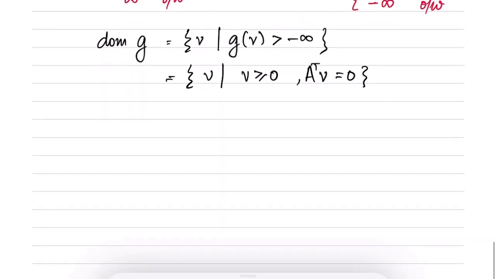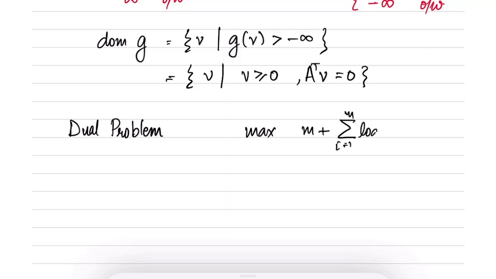So now let us put together the dual problem. The dual problem is given by: maximize G nu, which is m plus the summation from i equal to 1 to m of log of nu_i, minus b transpose nu, subject to constraints. The explicit constraints are not there because there is no inequality constraint, but there are implicit constraints saying that nu should belong to the domain of the objective function.